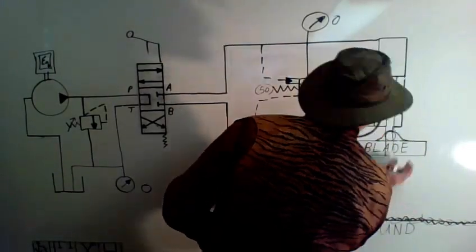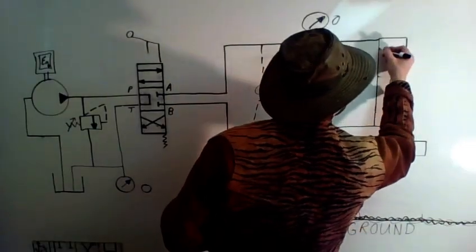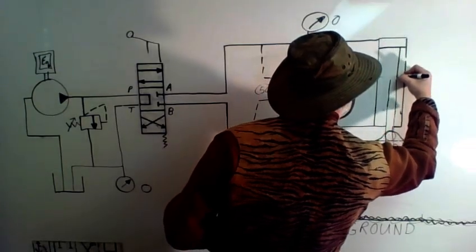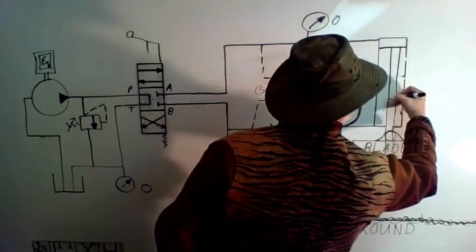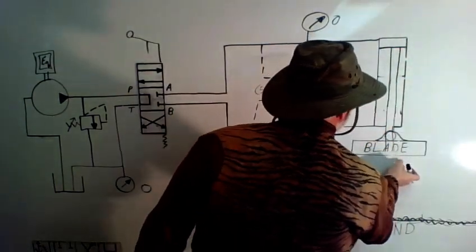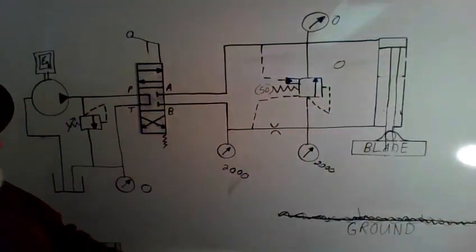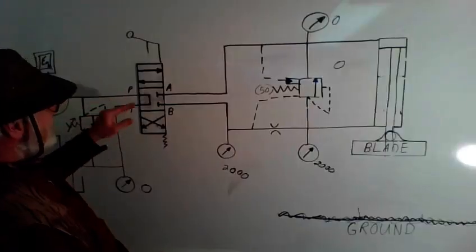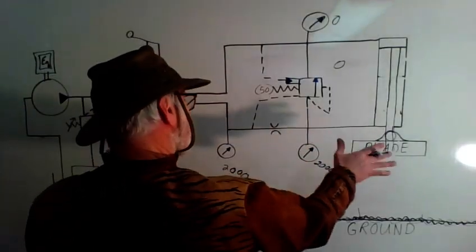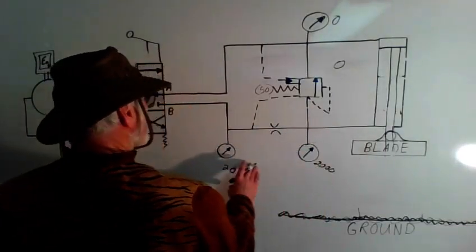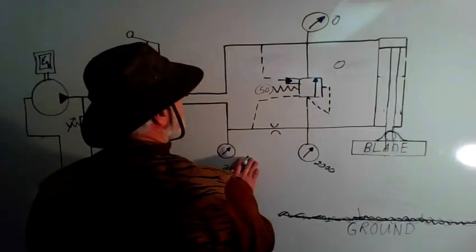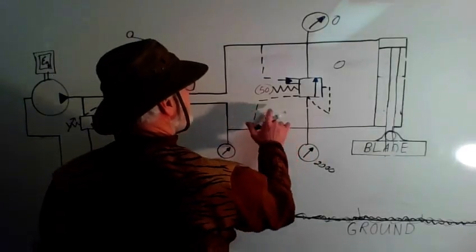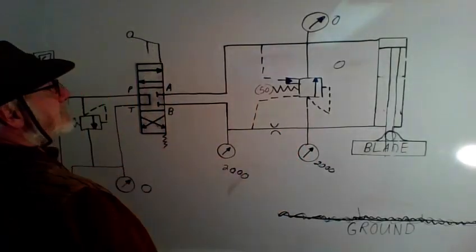I'll just bring it up, well, not all the way, but a fair way. Just like we do back home on the farm. Anyway, when I bring it up in the air partway and put it into hold, these two will equalize because there's no flow across the orifice, and the spring will still hold that closed.